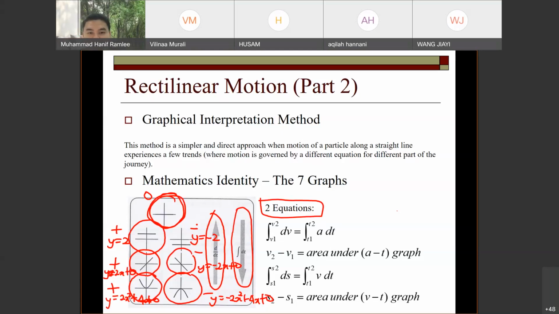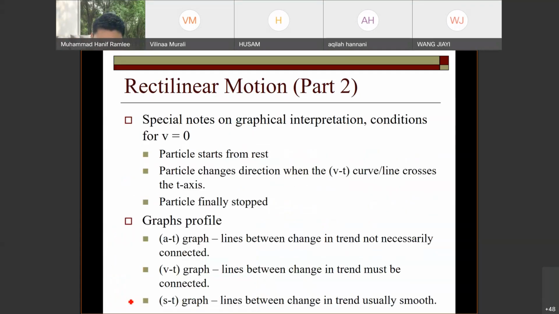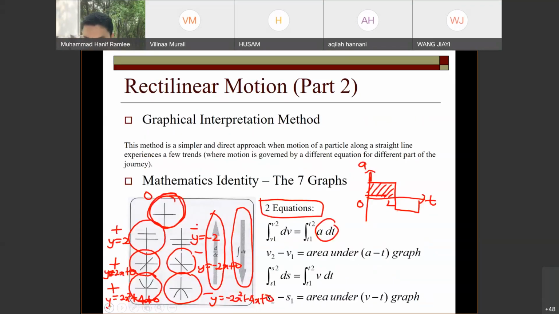If the given graph is an AT graph like this, for example, the area under the graph from 0 until 2 is actually the value of V2 minus V1.